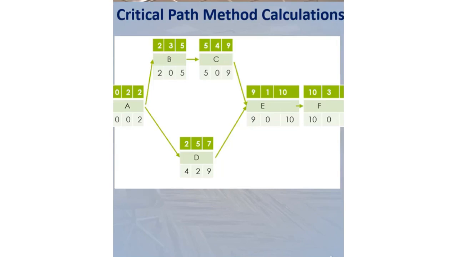To do that, we need to mark the tasks having 0 slack value. When we link the tasks with 0 slack value, we find the critical path. Since slack values of tasks A, B, C, E, and F are 0, these tasks are on the critical path. At this point, critical path is A, B, C, E, F.